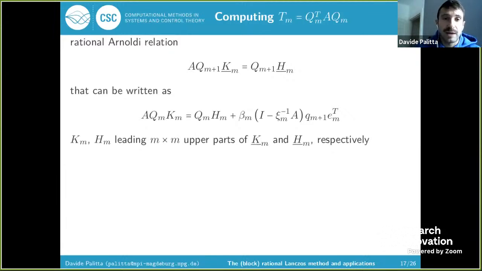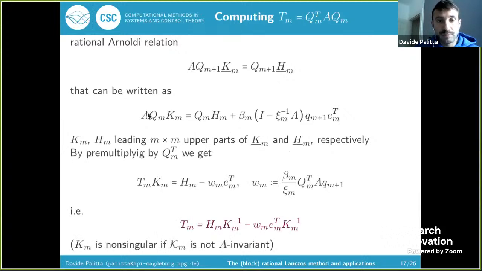But fortunately, we managed to come up with a different expression for T_m, or for updating T_m. Remember the rational Arnoldi relation again in this way, and this can be written in this other form here, where K_m and H_m, as usual notation, are just the leading submatrices of underline K_m and underline H_m.